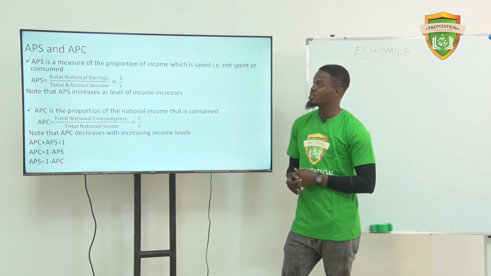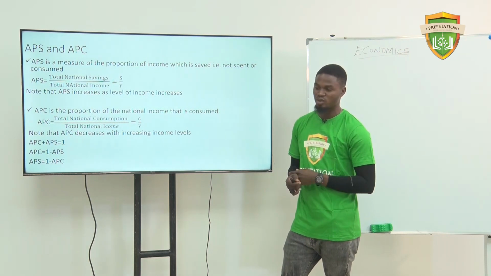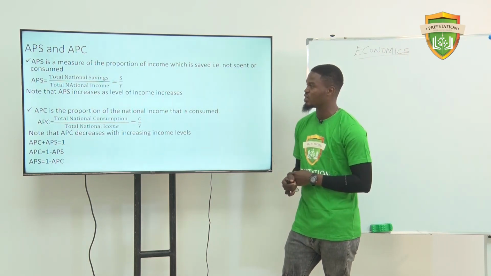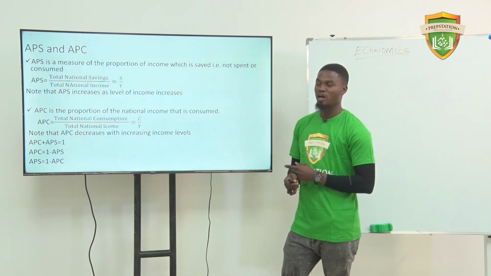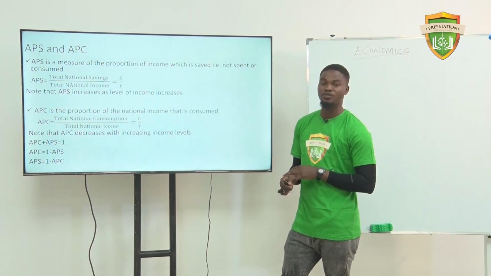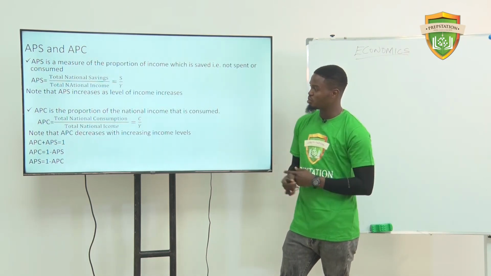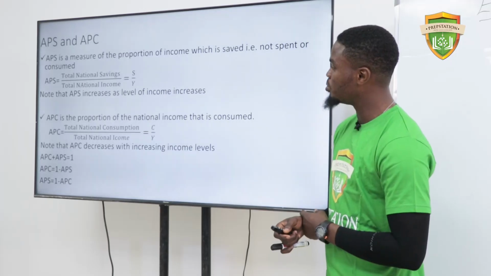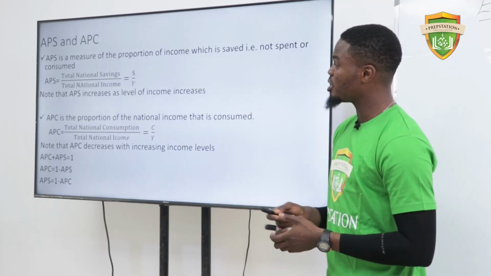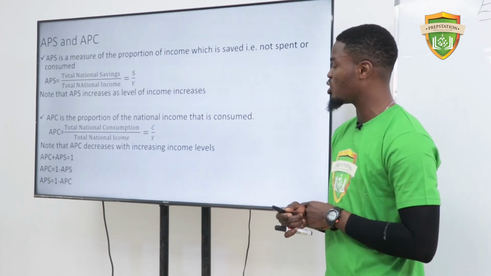Then your APC and APS. APS has to do with average propensity to save. That is a measure of the portion of income which is saved. That portion of income which you refuse to spend, you save it. And you have a formula: total national savings divided by total national income. You have to note that APS increases as the level of income increases.